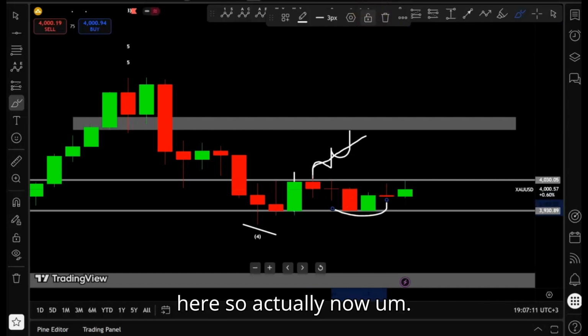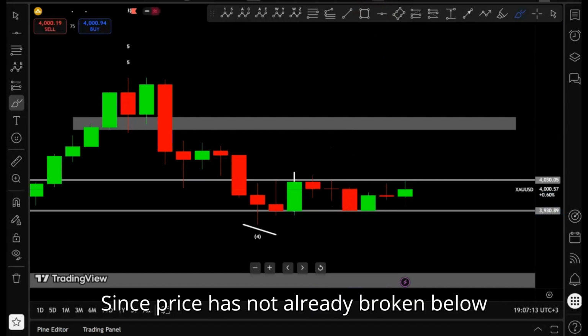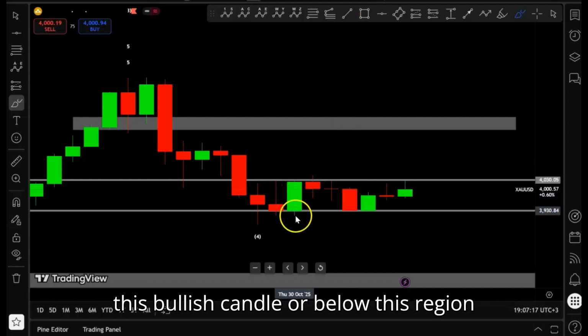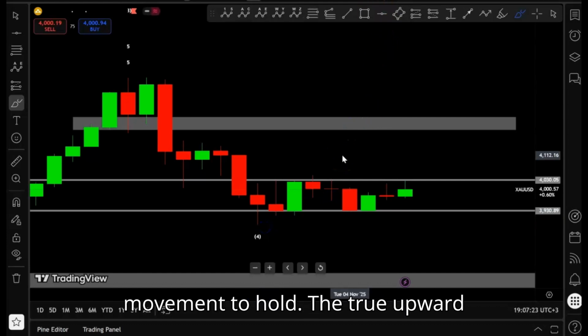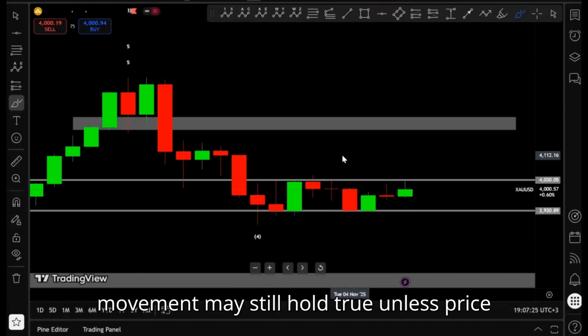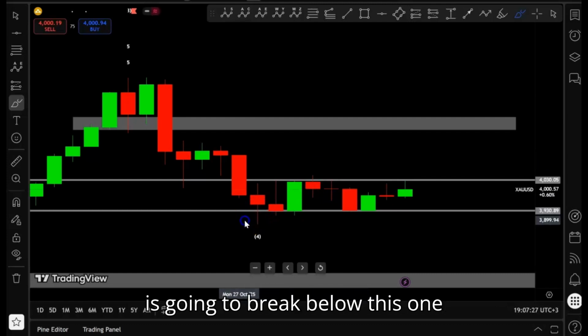So actually now, since price has not broken below this bullish candle or below this region here, we may expect the upward movement to hold true, unless price is going to break below this one.